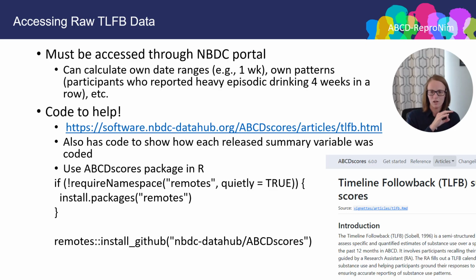I am not the strongest in R, but they made it easy to follow along, so if I can do it, I assure you, you can do it. You can first see how they've coded all of the released summary variables, as well as adapt their code for your own purposes. So I highly encourage you, if you want that raw ABCD timeline follow-back data, please look into this information because it's really invaluable and can save you a lot of time.